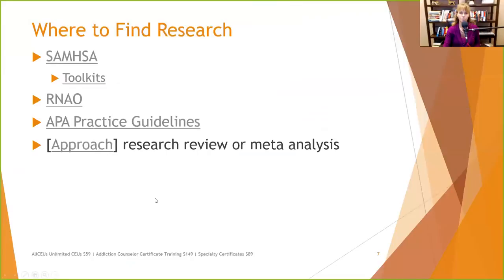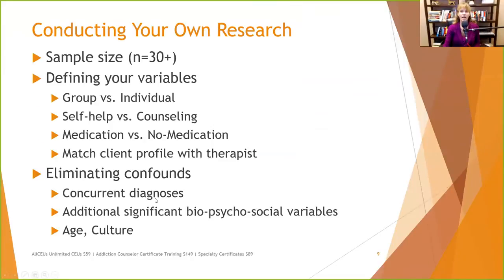Conducting your own research. Like I said earlier, you want a sample size of at least 30 if possible, not necessarily always possible. Make sure to define your variables. So if you're looking at comparing the effectiveness of group versus individual counseling, you want to make sure that all things are being equal.